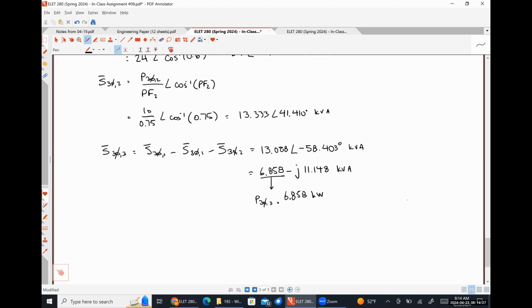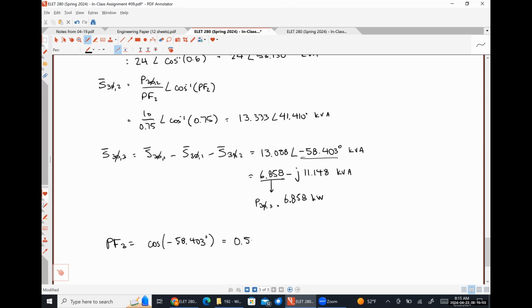Cosine of which angle? Yeah, so this guy right here, the negative 58.403. So the power factor for load 3 is the cosine of negative 58.403 degrees, which I get to be 0.524.